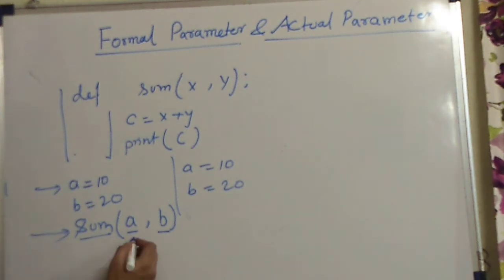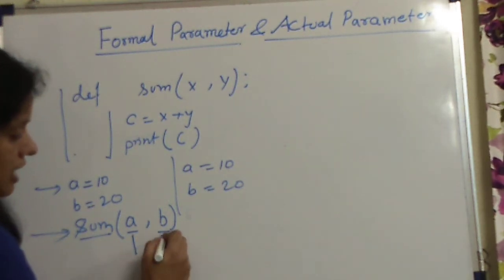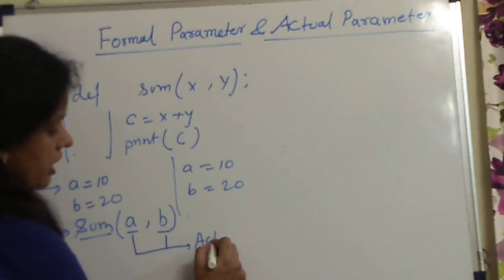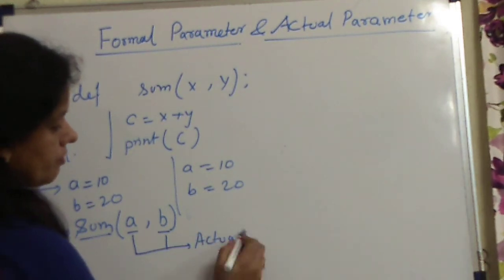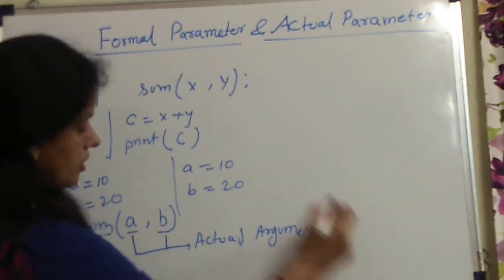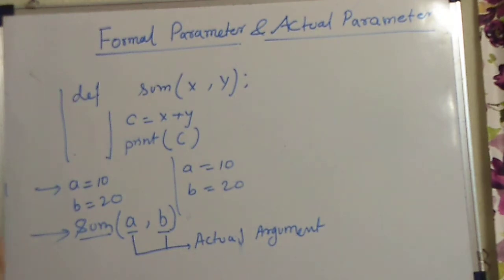Clear now? The values which are passed to the function from the function call are called the actual argument, right? The value which is passed from the function call is called the actual argument.